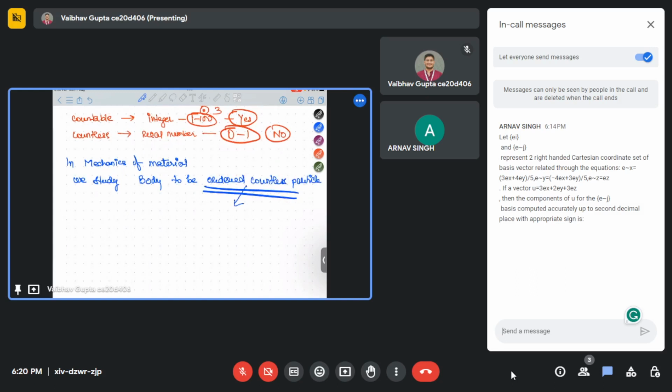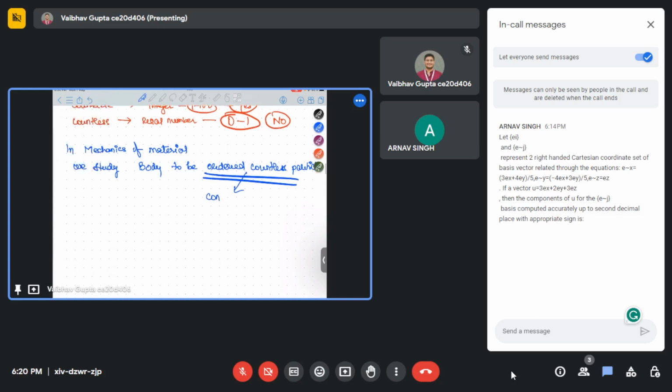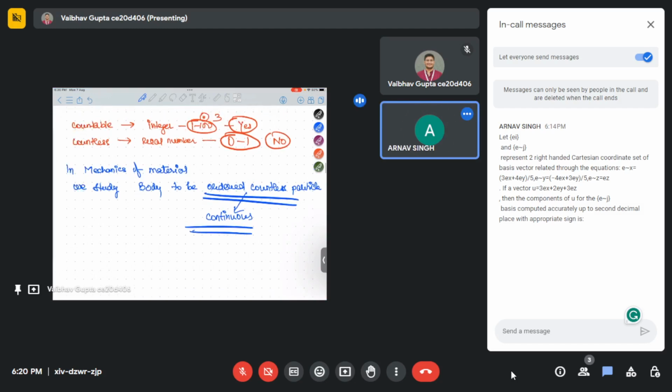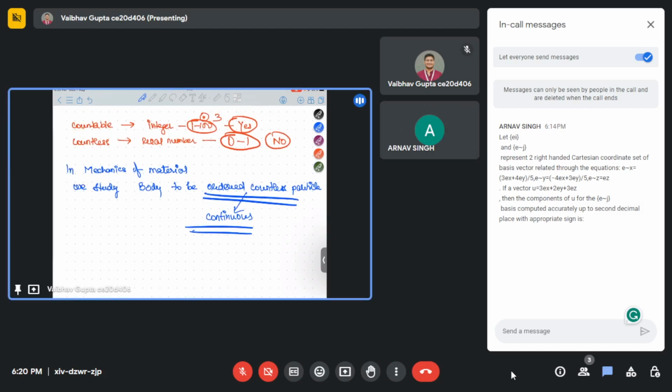We also say this is a continuous system. And for ordered countable particles, if a body is made of that, we'll say it is a discrete system.